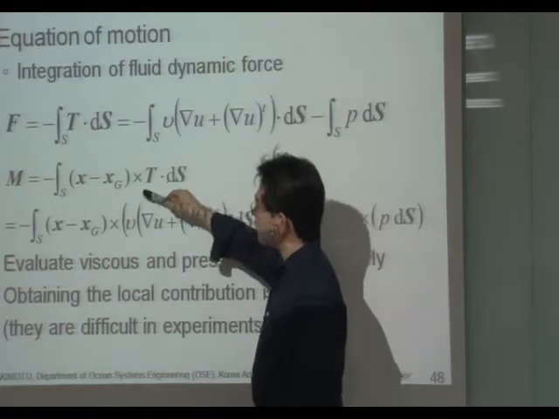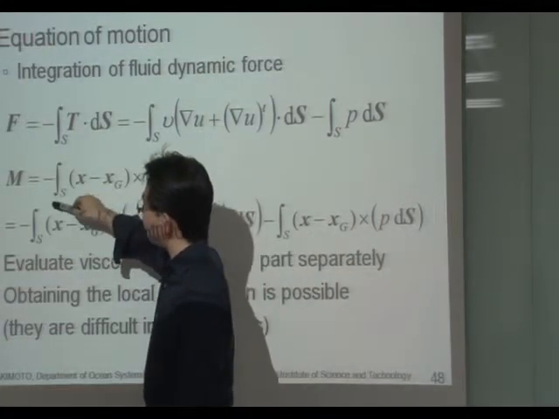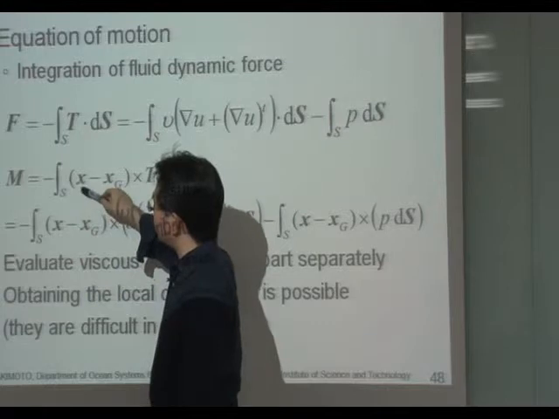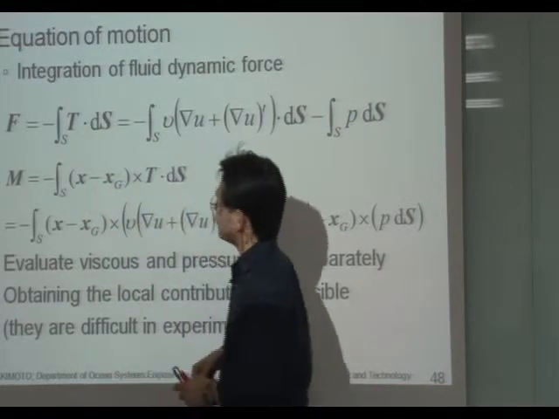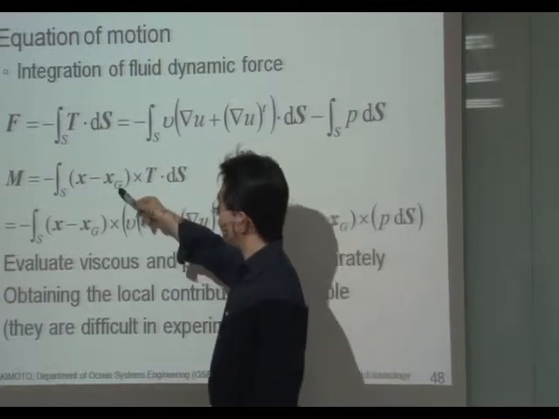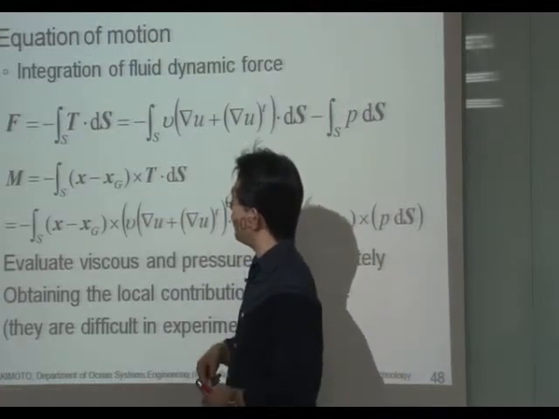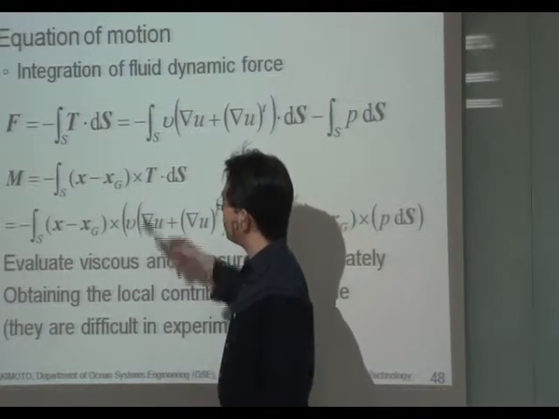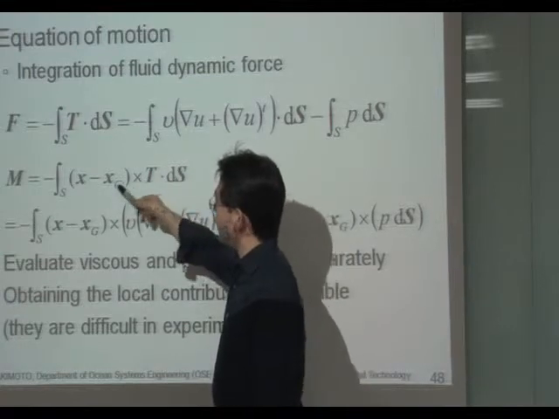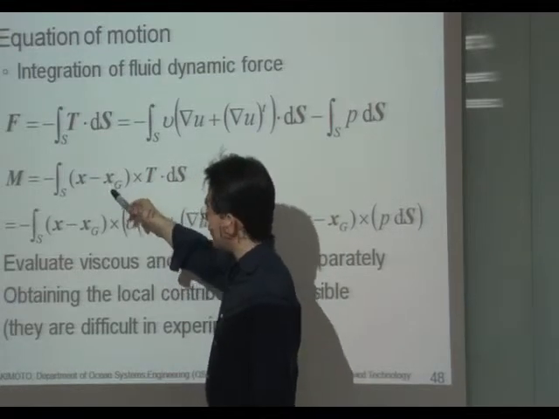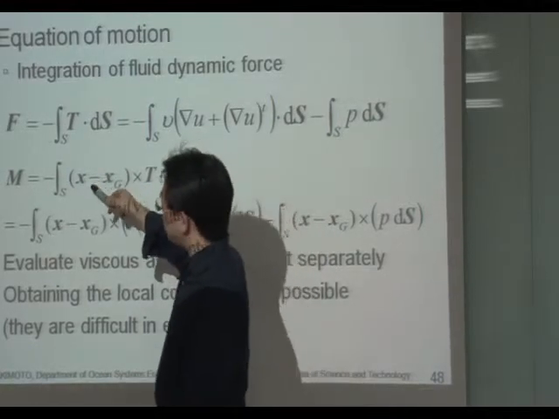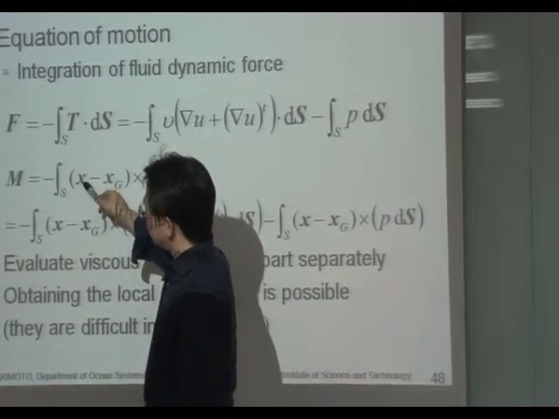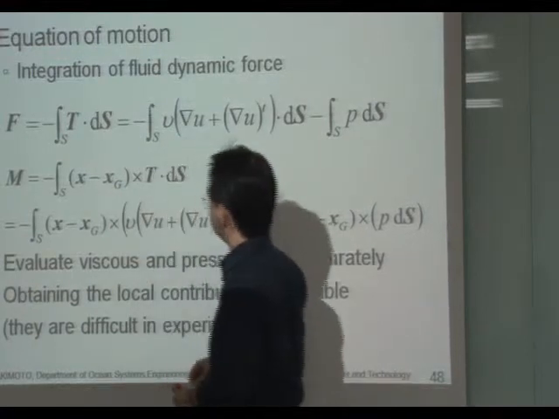The moment of the fluid dynamic force is calculated by this one. To calculate the contribution of a small surface, we have to consider the center of gravity position and the present calculation point.